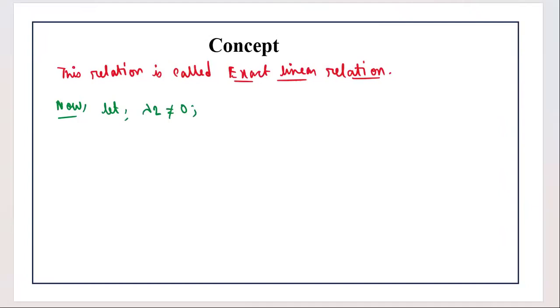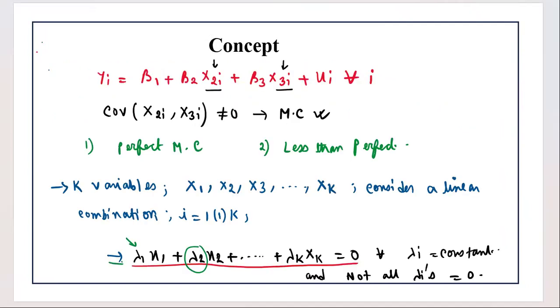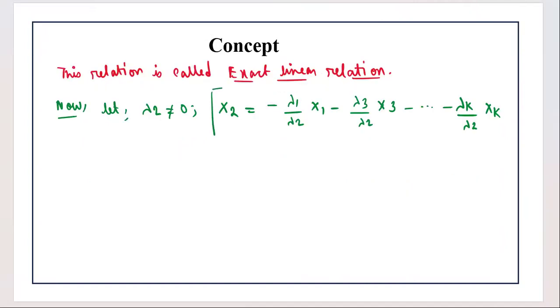Then what you can write is that x2 equals minus lambda 1 upon lambda 2 x1 minus lambda 3 upon lambda 2 x3, and so on up to lambda k upon lambda 2 xk. Can you see that? In this relationship, suppose I take all the other variables to the right hand side, only lambda 2 x2 remains, and then you divide every term by lambda 2. So you will get this particular thing.